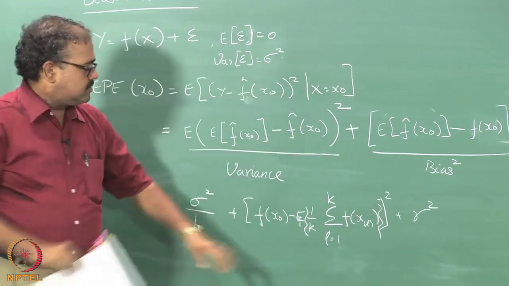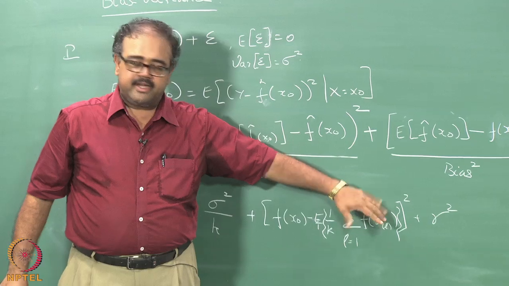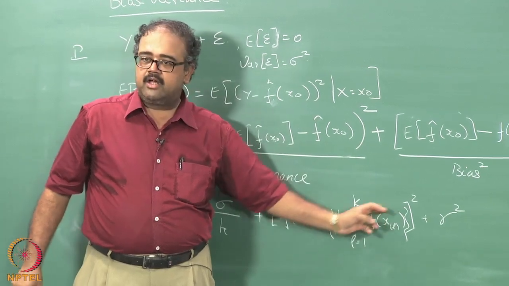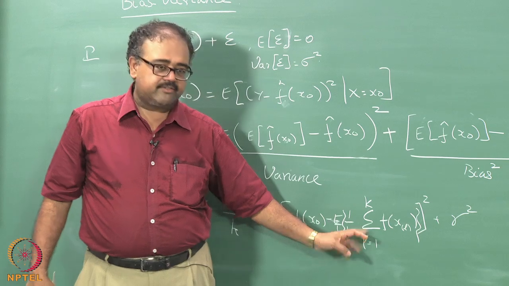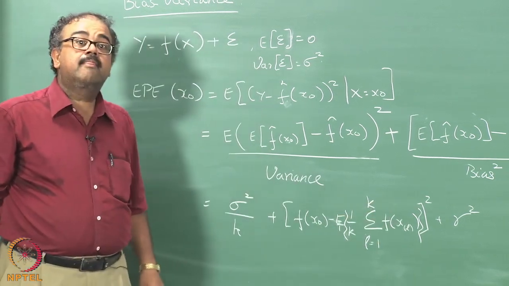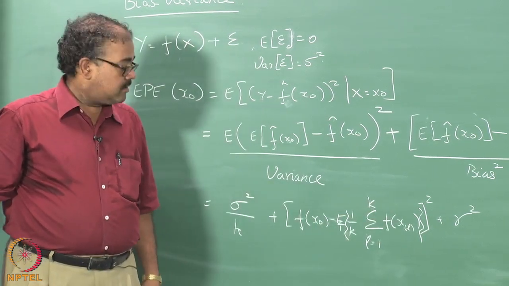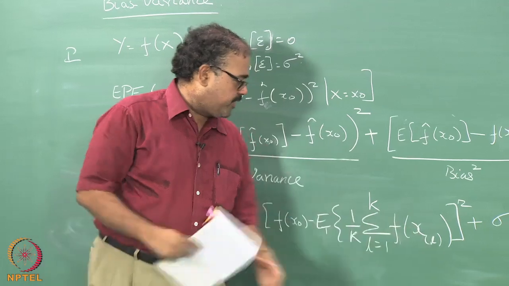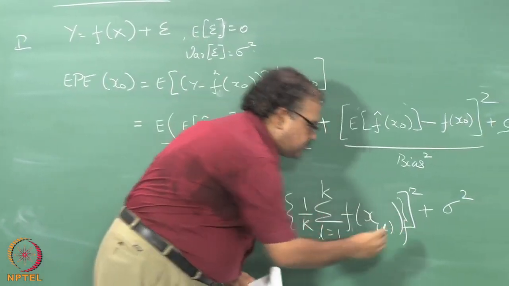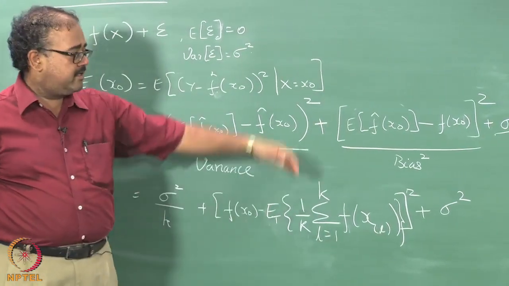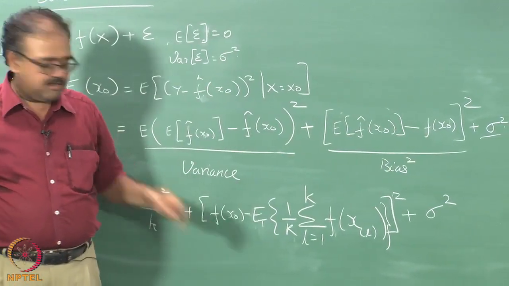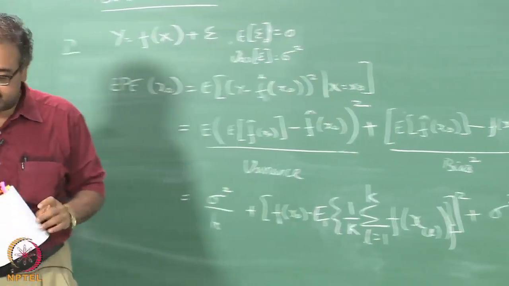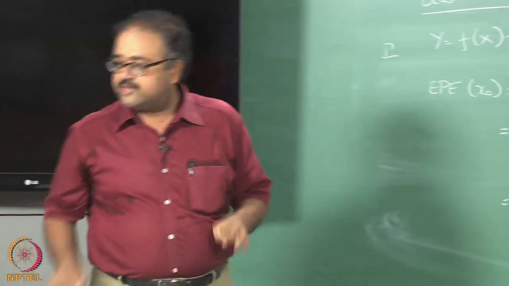So this is the expected prediction I am going to make. I am going to take all the k nearest neighbors of a data point and take the average of that, which will be the prediction I am making. And this is the expected value of y that we have plugged in here, which is f of x naught.